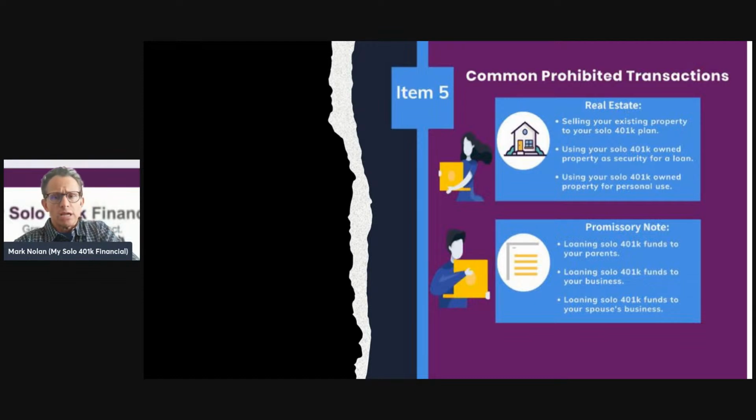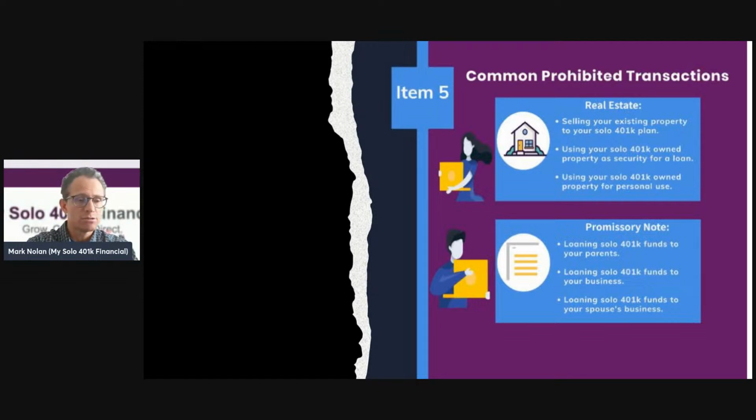In the context of real estate, some examples of prohibited transactions are selling a property that you, the solo 401k or self-directed 401k participant, own. So you can't sell your home, whether it's your primary residence or your personal investment property. It's prohibited to sell or exchange that property to the self-directed 401k. It doesn't matter whether it's at fair market value or not, it's prohibited.